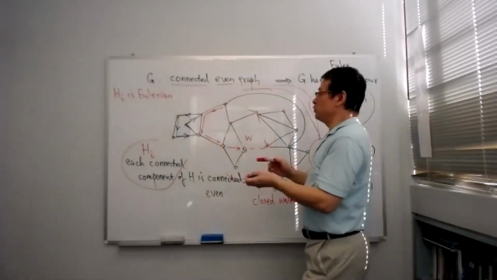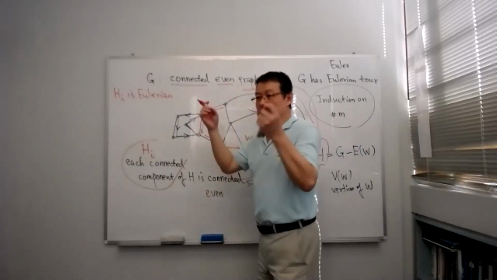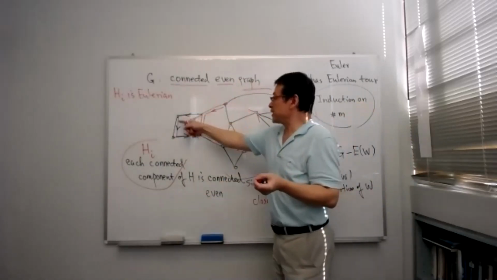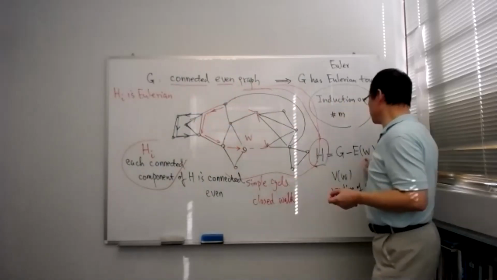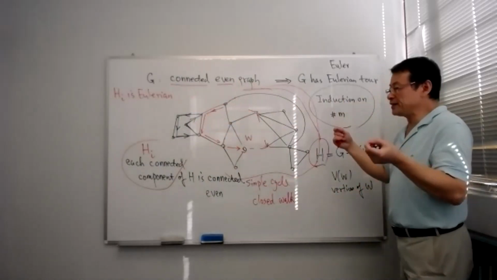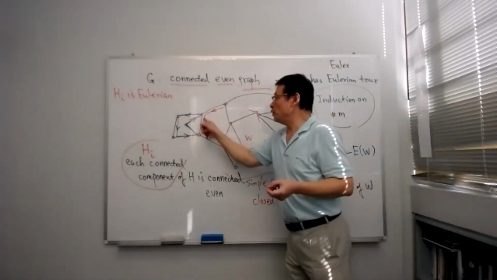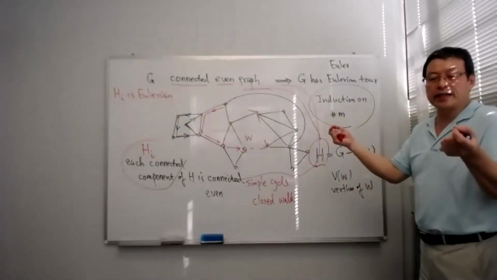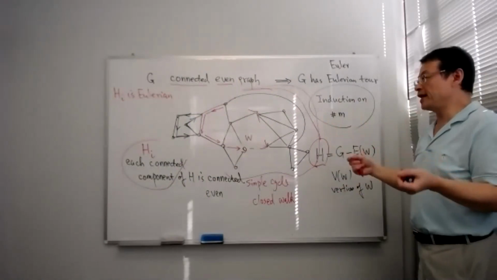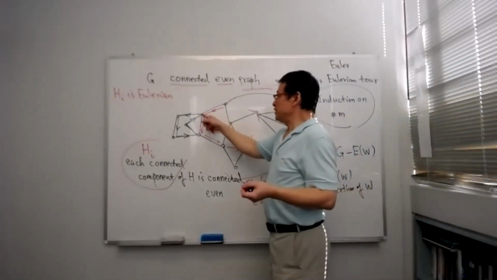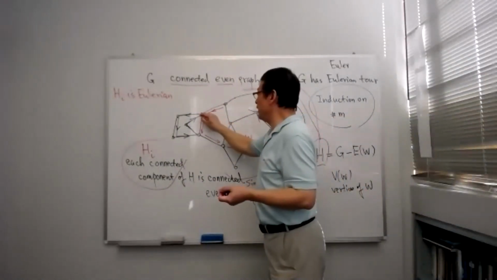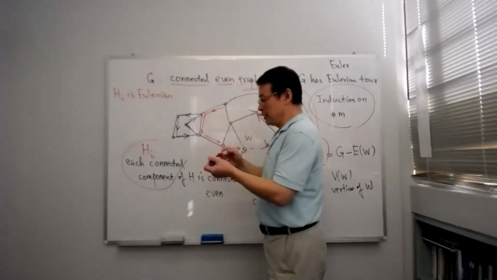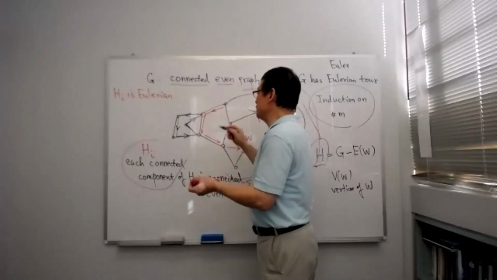Once I touch the first one, remember the graph is connected. So this component must share a vertex with W. That's important because the graph is connected. Otherwise, the graph cannot be connected, right? So once I reach a vertex here, instead of using this edge, now I use the blue one.